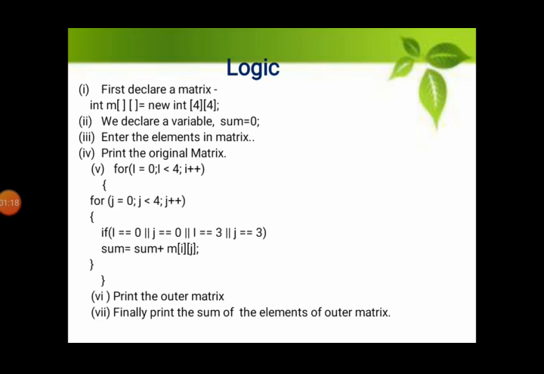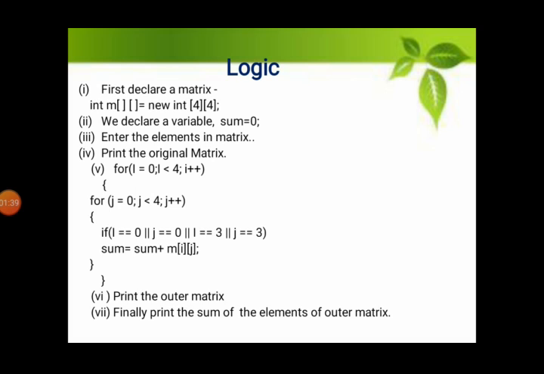So first we declare the matrix with 4 rows and 4 columns. For example, m[][] = new int[4][4], in first subscript 4 and in second subscript 4, for the rows and for the columns.